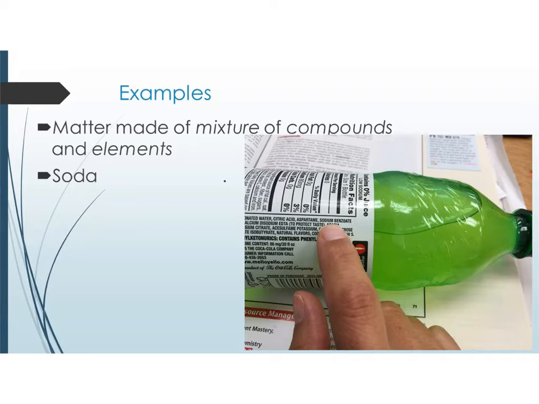Here's my soda that I had that morning, and there's that sodium benzoate I'm pointing at. And you can see that it has carbonated water. That's a mixture in and of itself. Water is a compound. The carbonation, CO2, is a compound, but the carbonated water, they're mixed together. Citric acid is what gives it the lemony flavor.